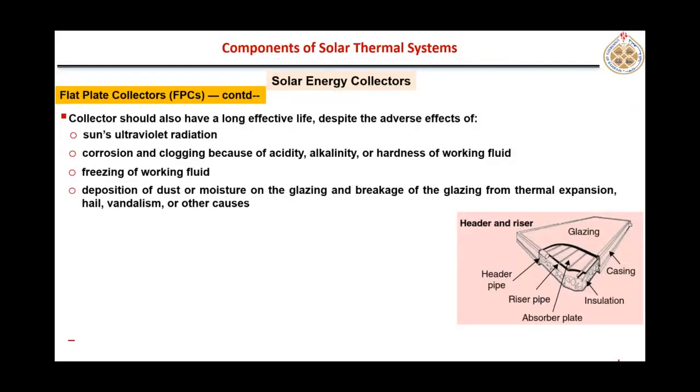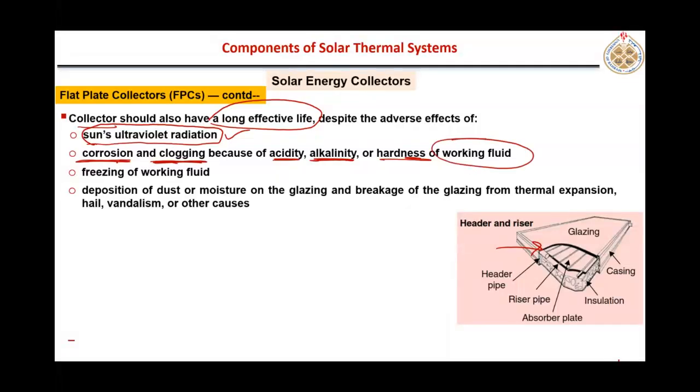It's not difficult, just read it. We want that these solar collectors should have a long life. It means they should be able to withstand solar sun's ultraviolet radiation. Those materials should be able to withstand or bear that ultraviolet. And also there should be no corrosion and clogging because of acidity or alkalinity or hardness of that working fluid.